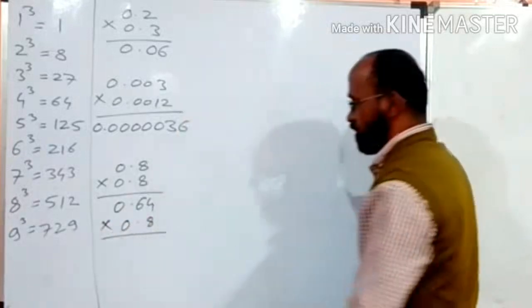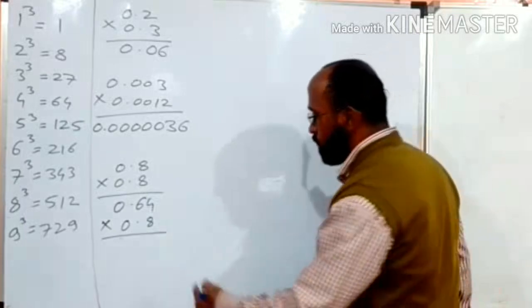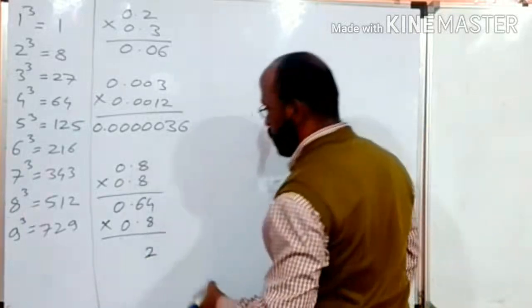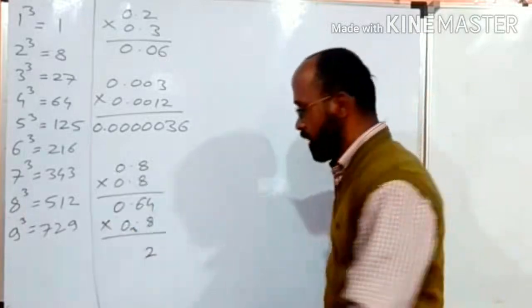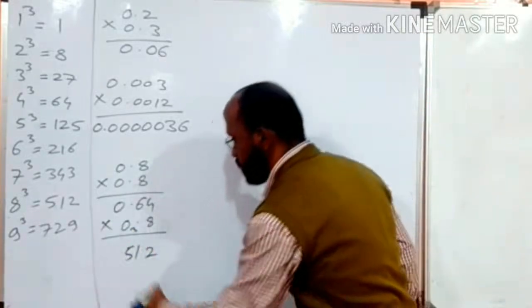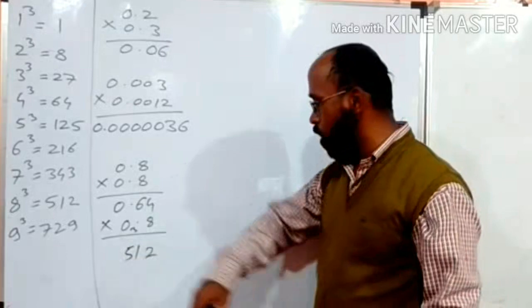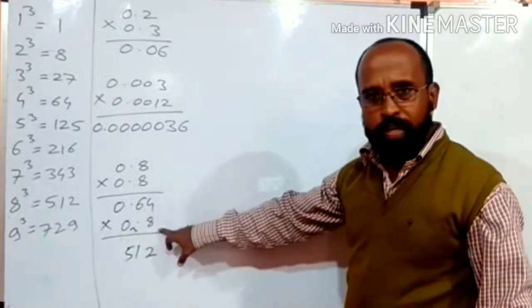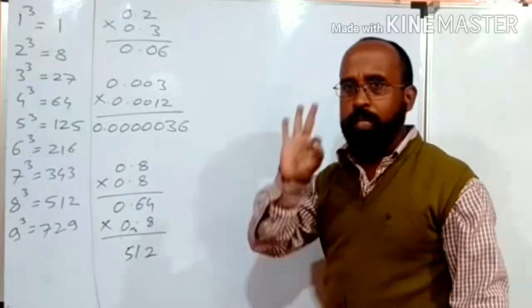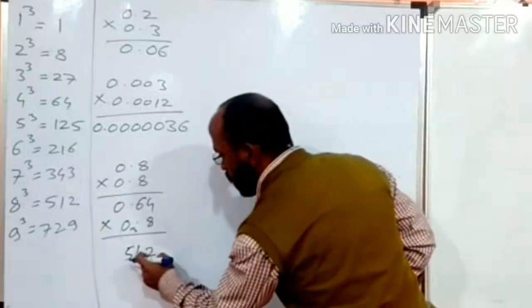You will multiply this 64 by 8. 8 4s are 32. 3 will be carry. 8 6s are 48 plus 3, 51. Clear friends? And how many decimal points will be here? Here are two decimal digits. Here is one decimal digit. So in your answer there will be three decimal digits. 1 2 3.